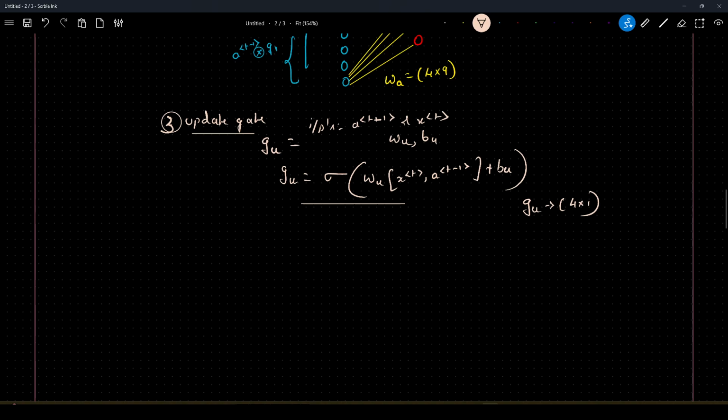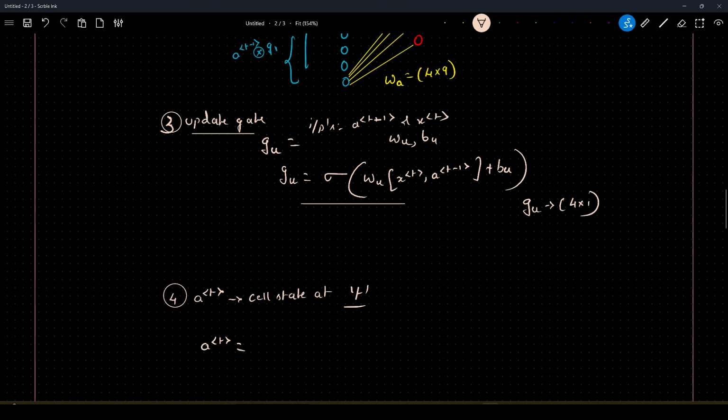Don't worry. Now that we have everything, the update gate, the candidate, and also the reset gate, we will finally compute At in our fourth step. So what is this At? The cell state at time step t. How do we calculate it?